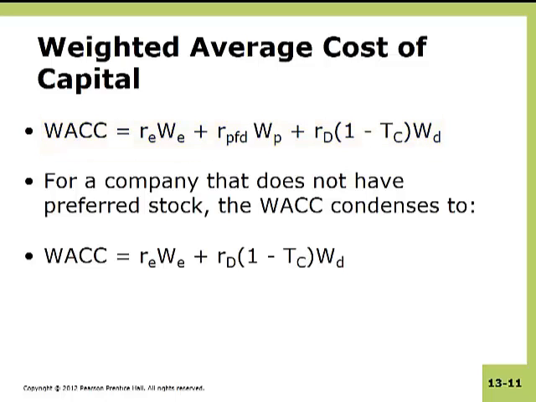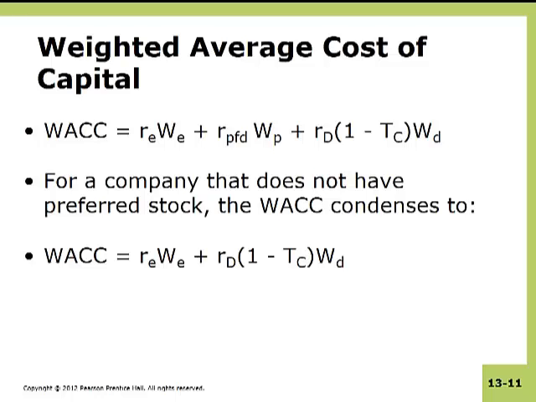For a company that does not have preferred stock, the weighted average cost of capital condenses to the weight of equity times the cost of equity plus the weight of debt times the after-tax cost of debt. So we have looked at all of these factors, the weights and the costs of preferred stock, debt, and new common equity.